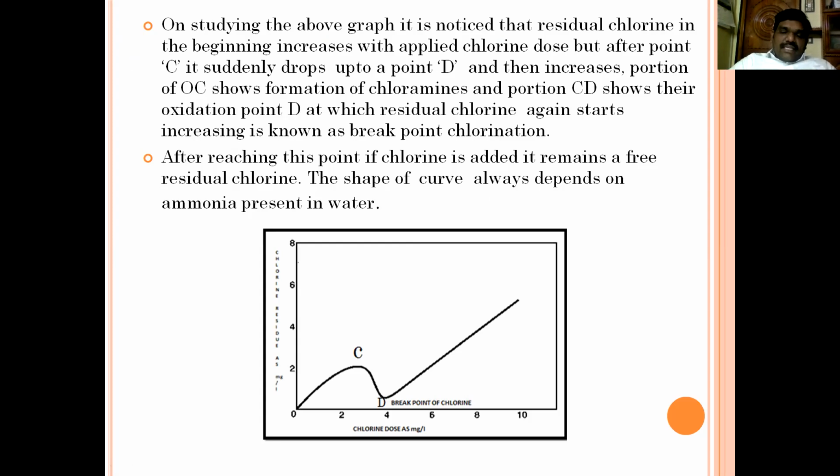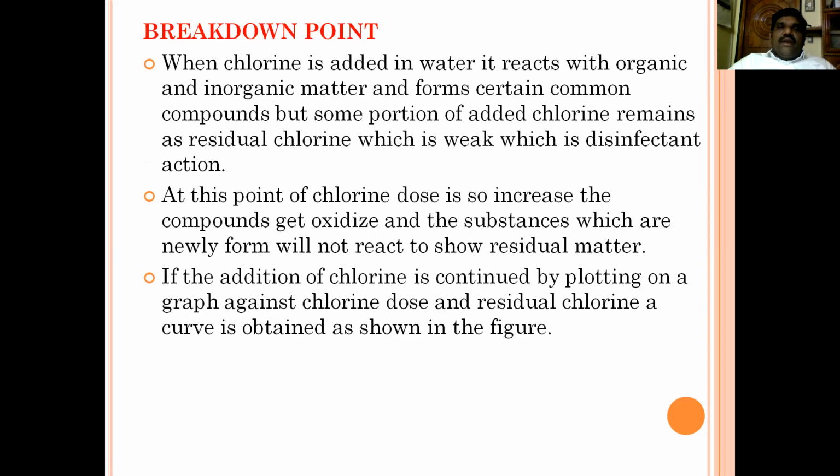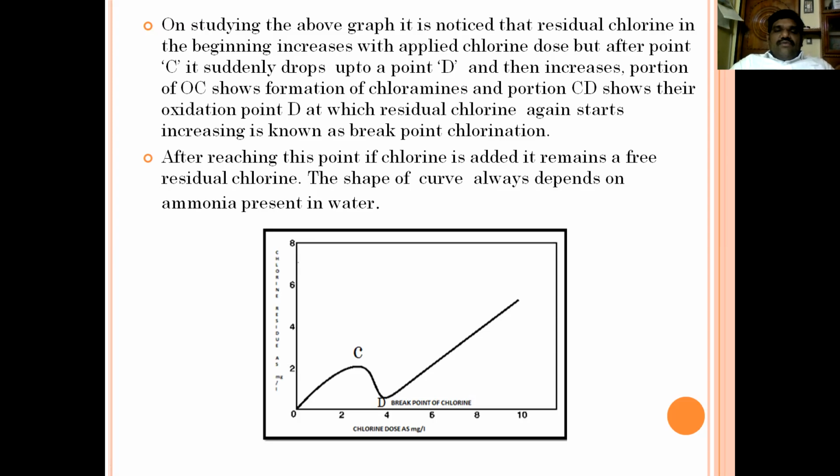Understand? See, what is break point? When chlorine is added to water, it reacts with organic and inorganic matter and forms certain compounds. But after a period of time, the chlorine remains as residual chlorine, which is a weak disinfectant. It started storing as a residual chlorine.